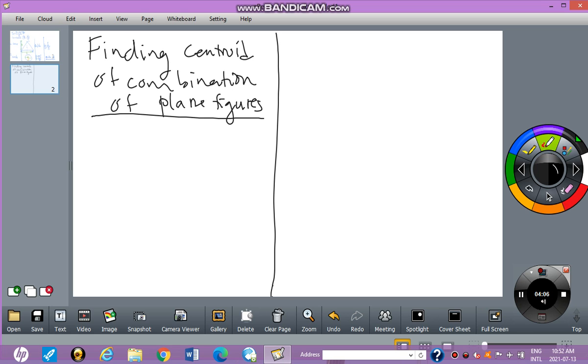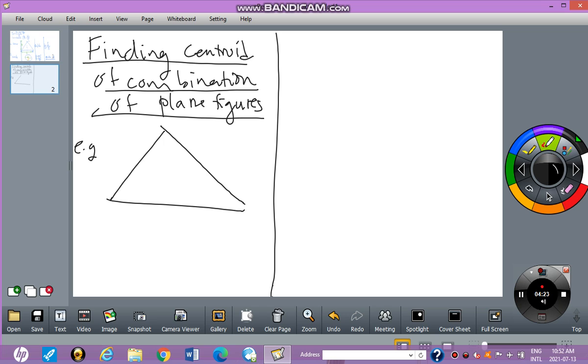With plane figures, we are actually looking at figures that are in 2D. That means they are in 2 dimensions. Example now in this case, let's say we have a figure like that, maybe the house that you are in. Can you see that?